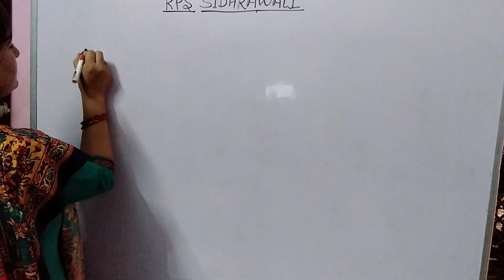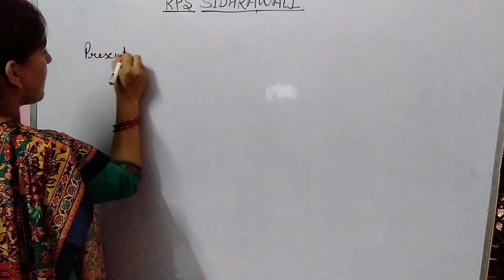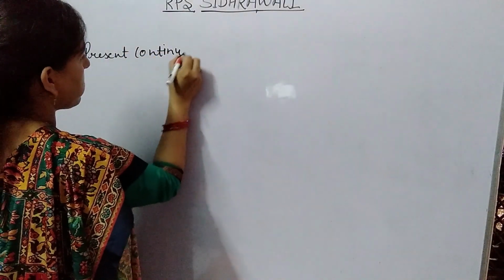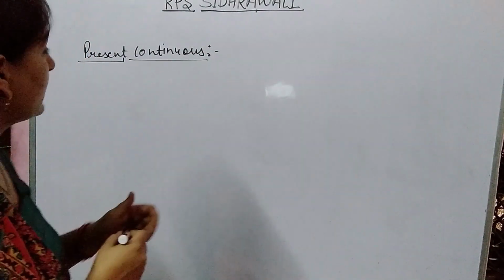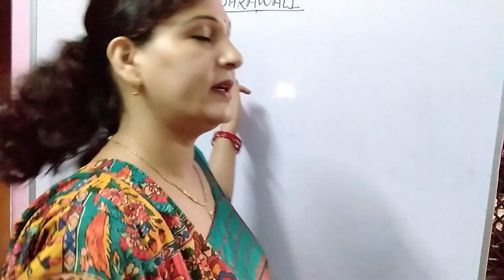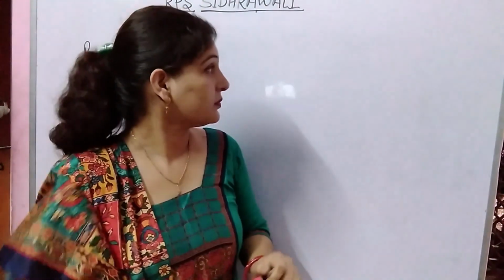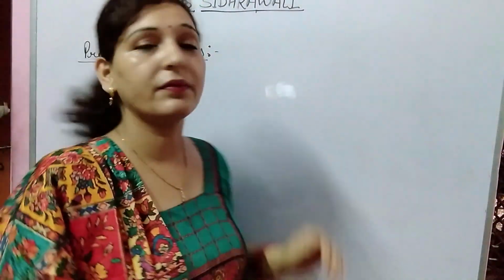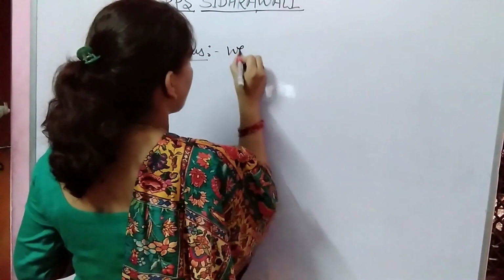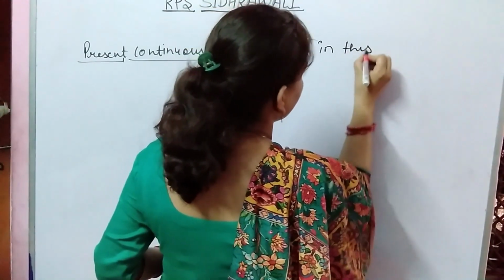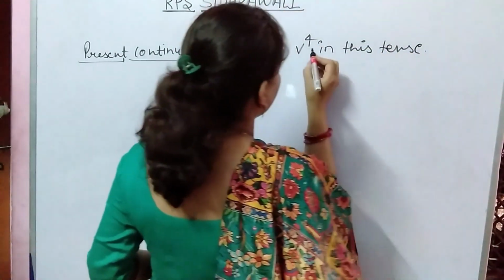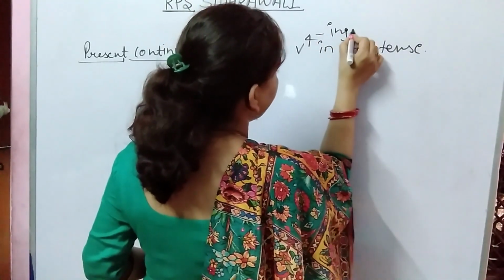Now we start present continuous tense. I've already told you the identification and definition of present continuous tense. Present continuous means the action is going on at the time of speaking. We use V-ing in this tense, the ing form.